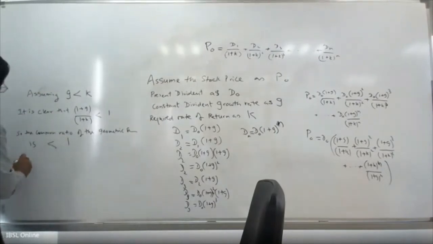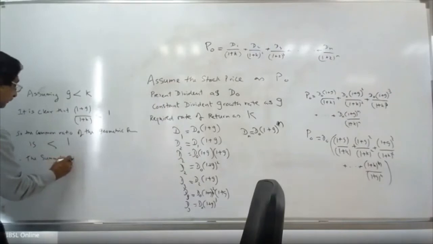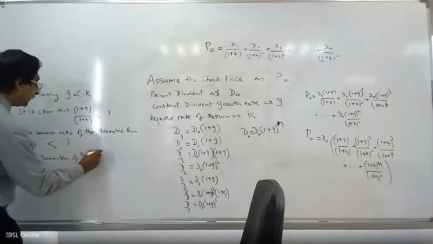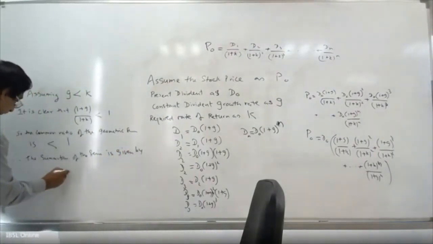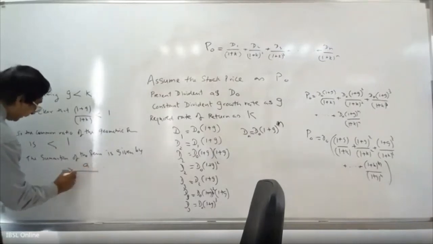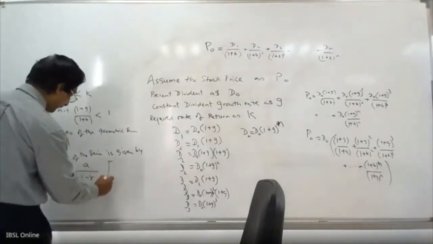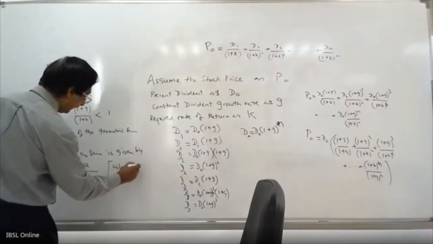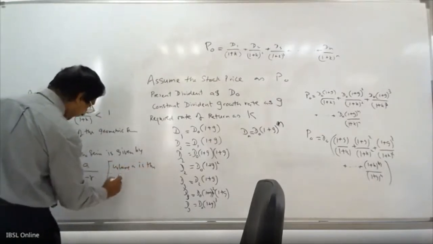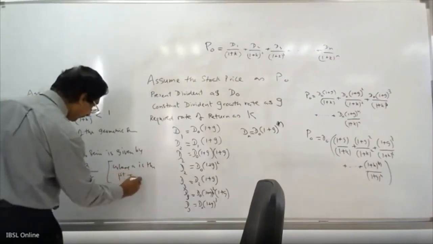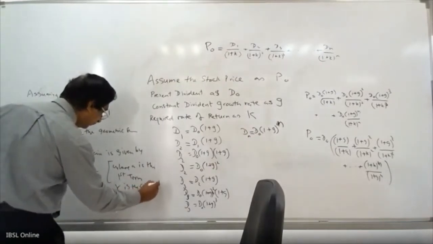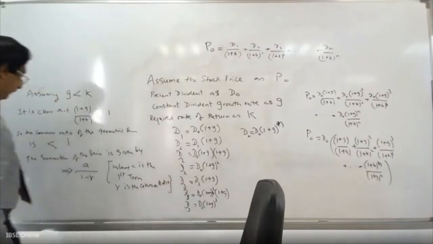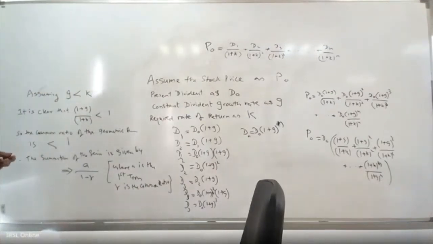Therefore, the summation of the series is given by A divided by 1 minus R, where A is the first term, R is the common ratio. Right. Okay.